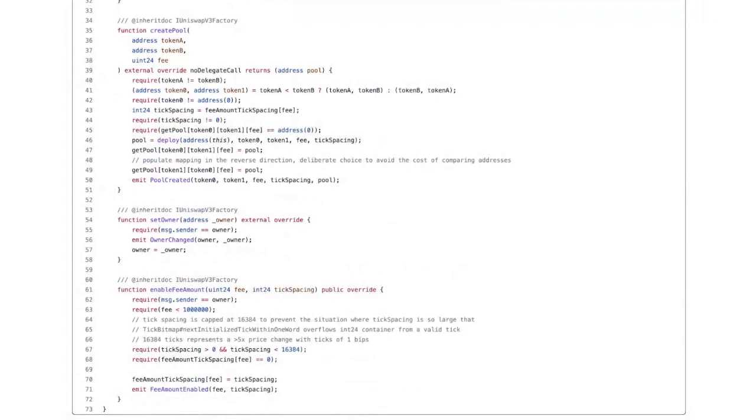Okay, so we first require that you aren't creating a pool with the same token. Fair enough. And then this is quite interesting: if the address of token0 is greater than the address of token1, swap them. We've seen this before in a previous episode.